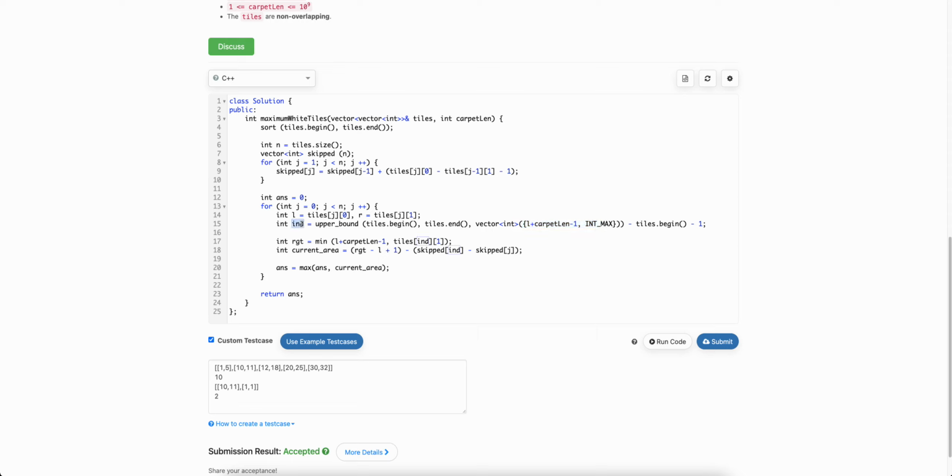And once we have this, we find the actual ending part, to calculate the actual cells which are covered. So the actual area covered is this, and the skipped part is this: skipped of index minus skipped of j. This is the current area covered by this index. Then just take the maximum over all of these areas.